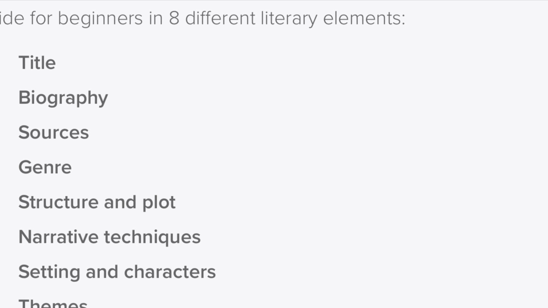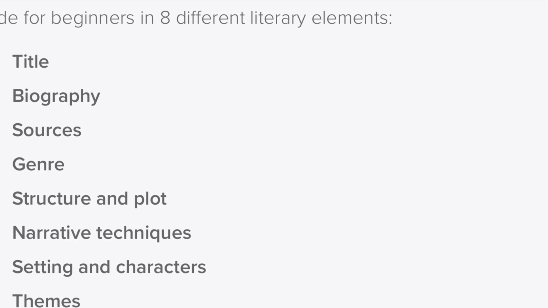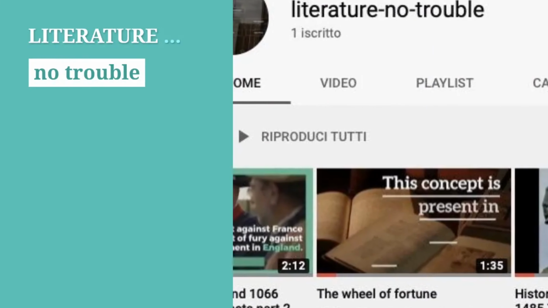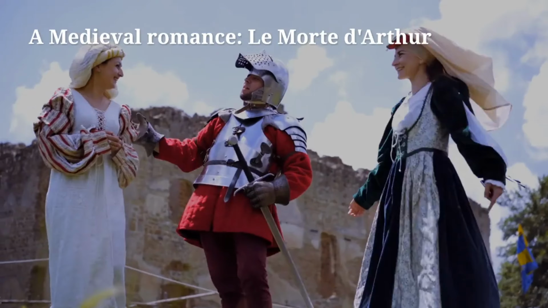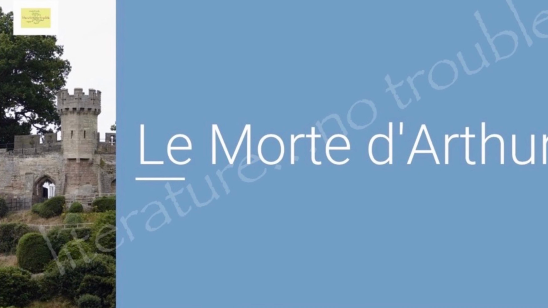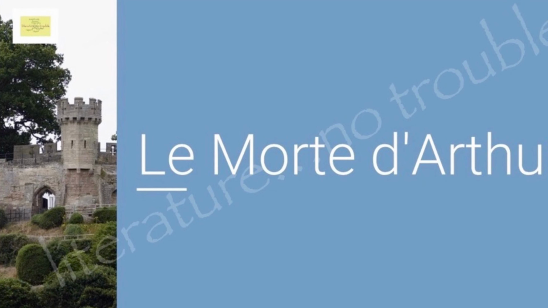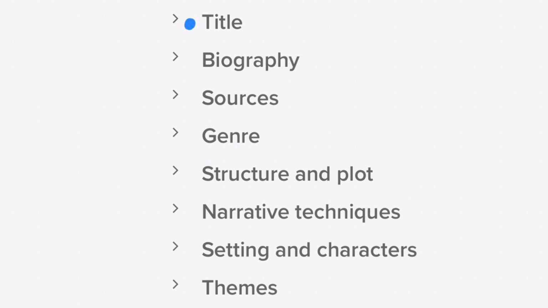The structure and plot, as well as the narrative techniques employed, will be discussed. And finally, we'll look at how the author handled the setting and the characters, and we'll finish up with the work's themes. So let's get through those 8 key elements one by one and see how we may use them to effectively present Malory's romance.